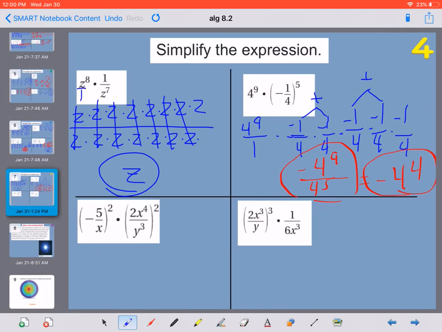Alright, next one we have 2 of negative 5 over x's, and we have 2x to the 4th over y cubed.